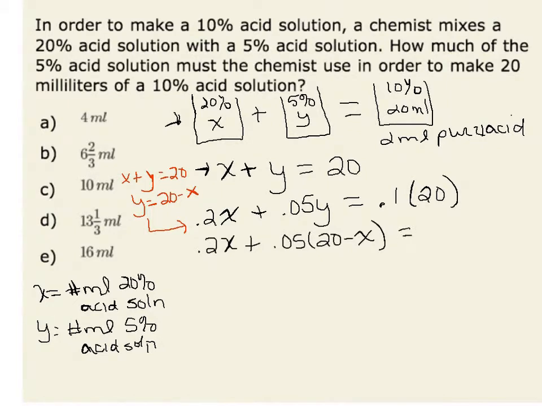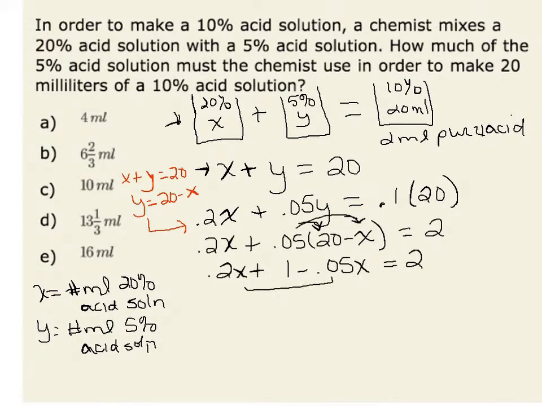That's going to be equal to the amount of pure acid in my final container, which is 10% of 20, or 2 milliliters. I can use the distributive property to simplify that left-hand side. I have 0.2x plus 0.05 times 20, which gives me 1, and 0.05 times a negative x gives me a minus 0.05x, which is still equivalent to 2.